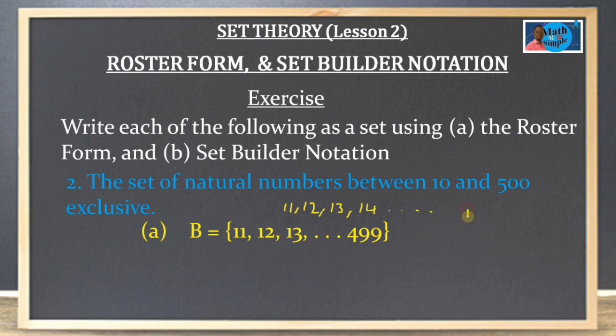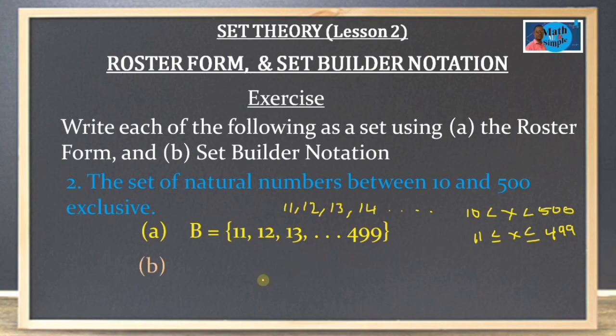So meaning it will be 10 is less than x less than 500. Okay, so this and this, 11 less than or equals to x less than or equals to 499, it's just the same statement.